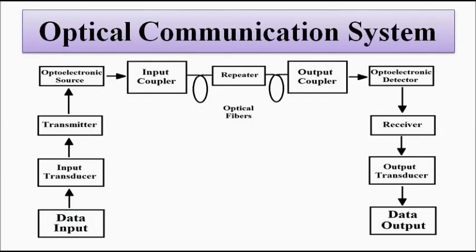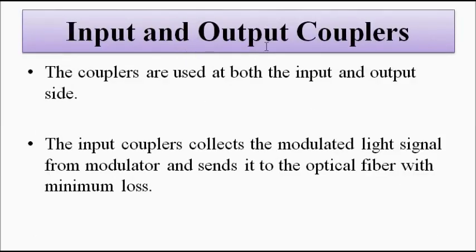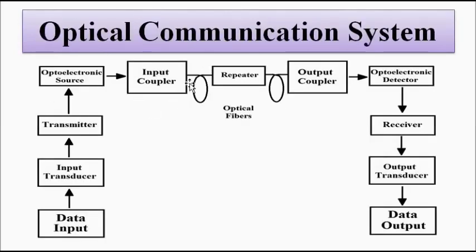Now, the input and output couplers, we'll discuss them together because they perform the same thing. In order to send the modulated signal on the propagation channel, which is the optical fiber, something acts as an intermediary between the source and the optical fiber.